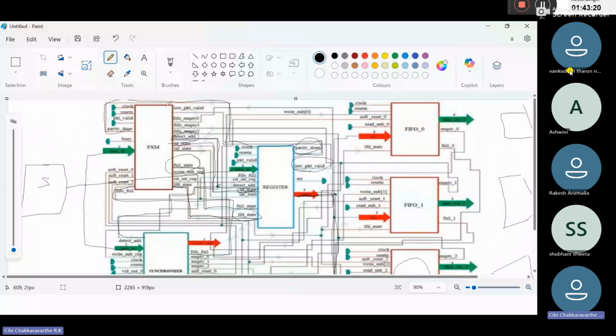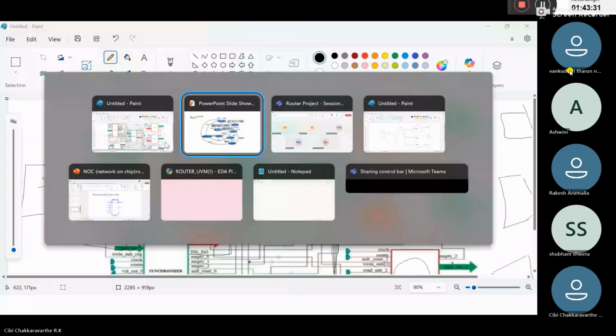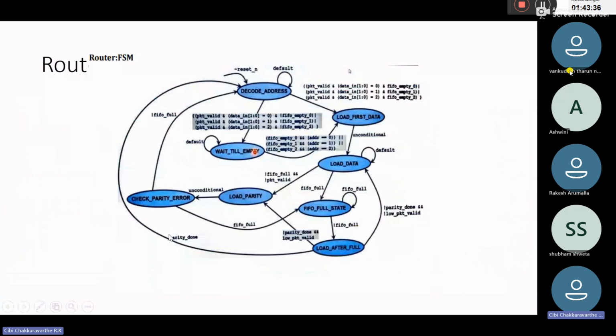After our FSM comes to know the parity done signal is received, once again it will start with the decode address. Once parity done is asserted, it will start from decode address.